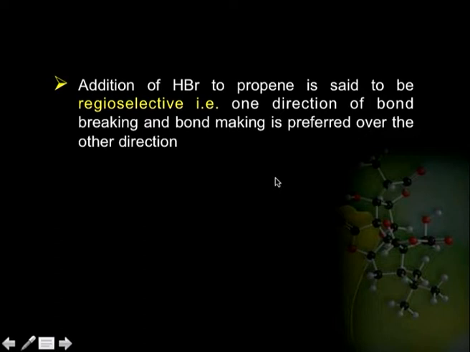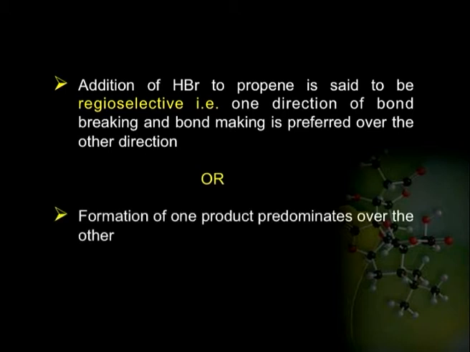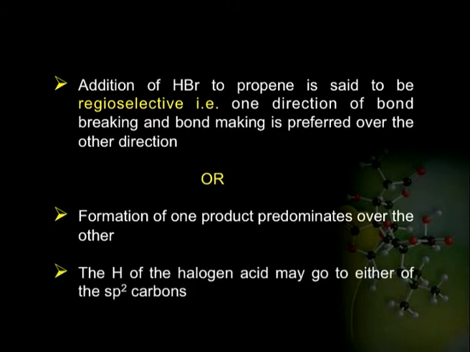That is, one direction of bond breaking and bond making is preferred over the other direction. We can put it in other words also: formation of one product dominates over the other, and the hydrogen of the halogen acid may go to either of the sp2 carbons. You can recall the Markovnikov's rule here.